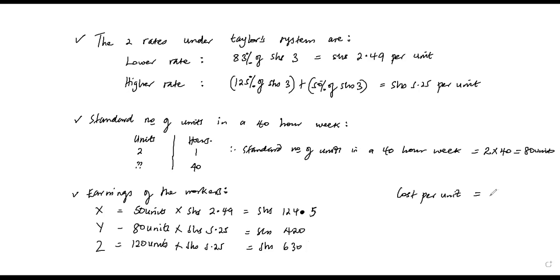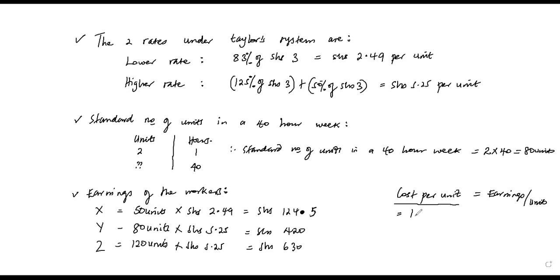Now, for cost per unit, you just get the earnings of each worker over the units they are producing. For example, if we look at X, X is earning 124.5, but X produces 50 units. So that gives us 2.49.